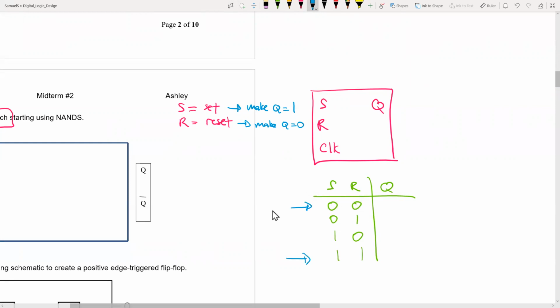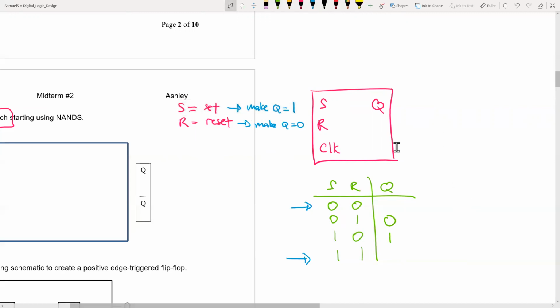We're also going to ignore the last one. We're going to focus on this row. This is saying that we don't want to set Q, but we do want to reset Q, meaning that we want to make Q a 0. Again, I'm just going off of these definitions here. So if R is equal to 1, it means we want to make Q 0. So in this case down here, S is equal to 1. So it means we want to make Q equal to 1.